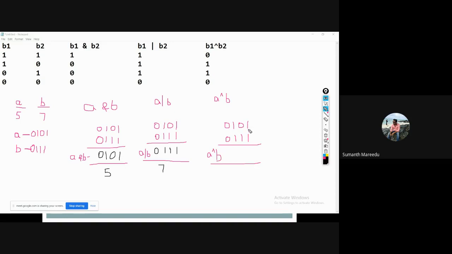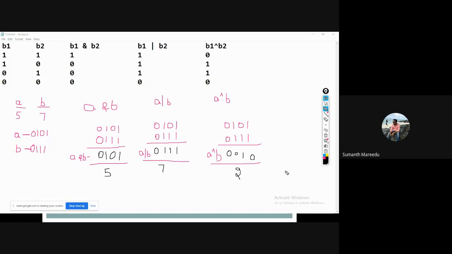Here both are ones, so it is 0. Here 0 and 1, the bits are opposite, so 1. Then 0 1 1 0 1, 0 0, and this is also 0. So what is the representation of this? For which number is it 0010? 2. Yes. That means 5 XOR 7 will result in 2.